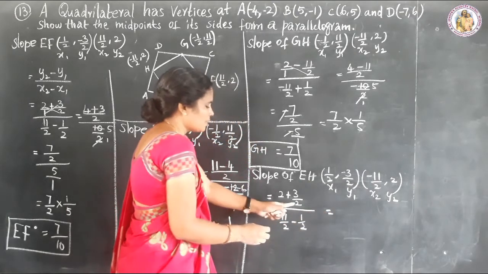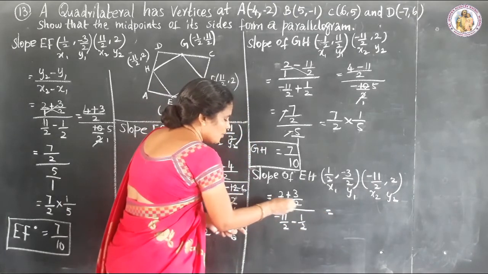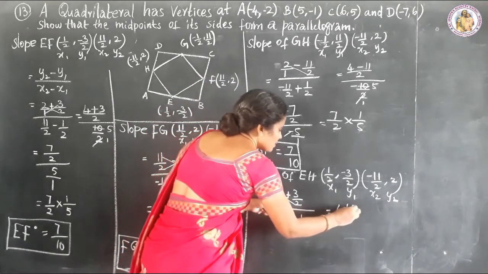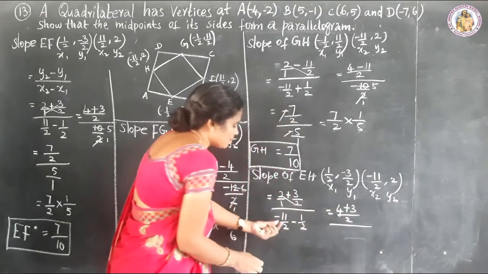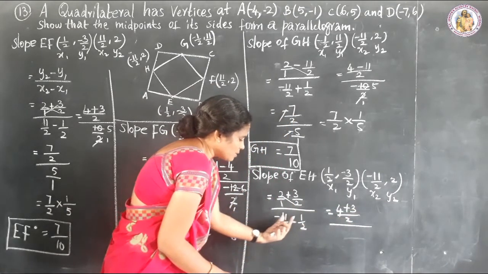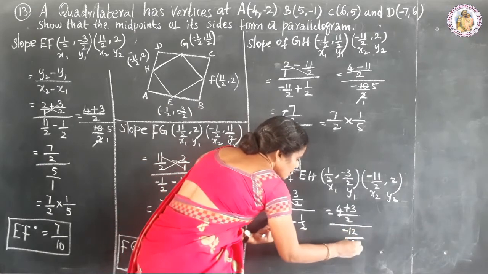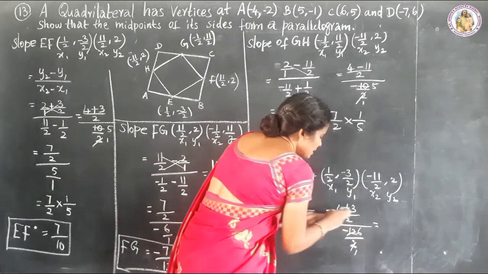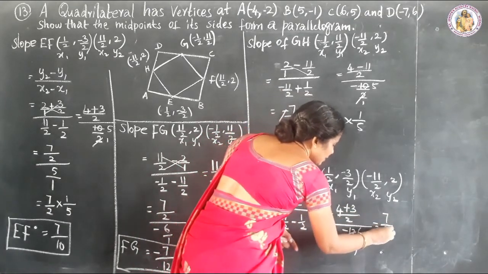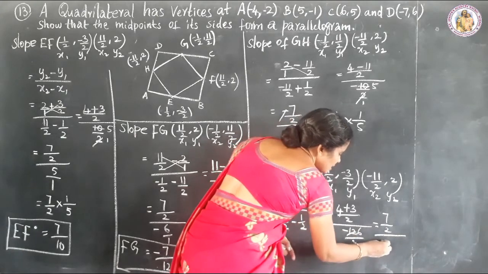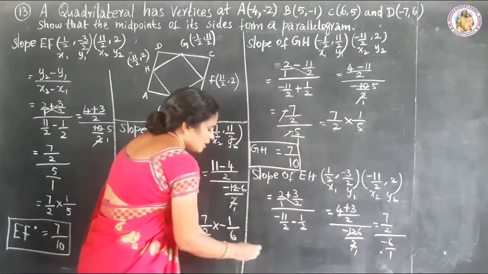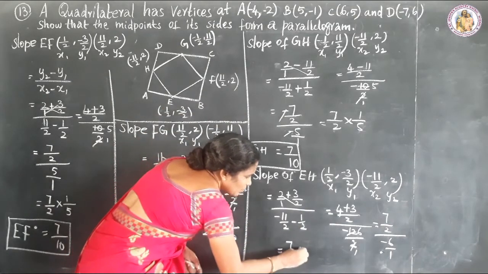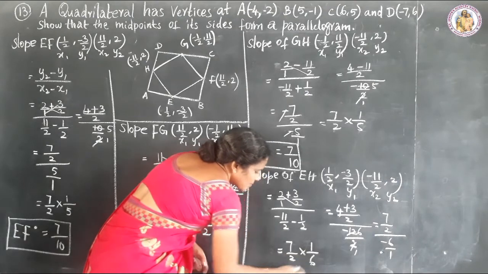It is equal to, 2 is a whole number, so now it is 2 by 1. Cross multiply: 2 twos are 4 plus 3 by 2, divided by same sign, minus 11 minus 1, so minus 12 by 2. 2 ones are 2, 6 twos are 12. And the next step, 4 plus 3 is 7, 7 by 2 divided by minus 6 by 1. And in the next step, minus 7 by 2 into 1 by 6.